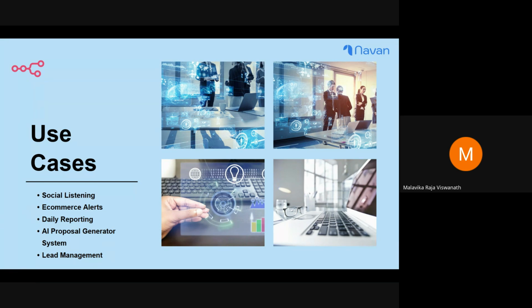So you don't have to do anything, but you have all your reviews segregated into positive, negative, or neutral. So that's one of the very useful use cases. And we have e-commerce alerts that track inventory levels on Shopify and notify your team when the stock is low. We also have daily reporting that pulls analytics from Google Analytics or Stripe or any other platform.